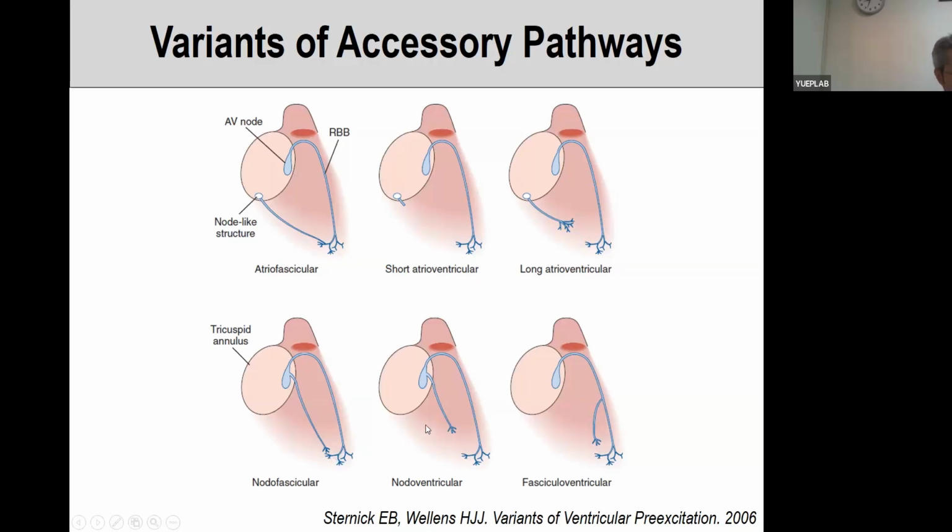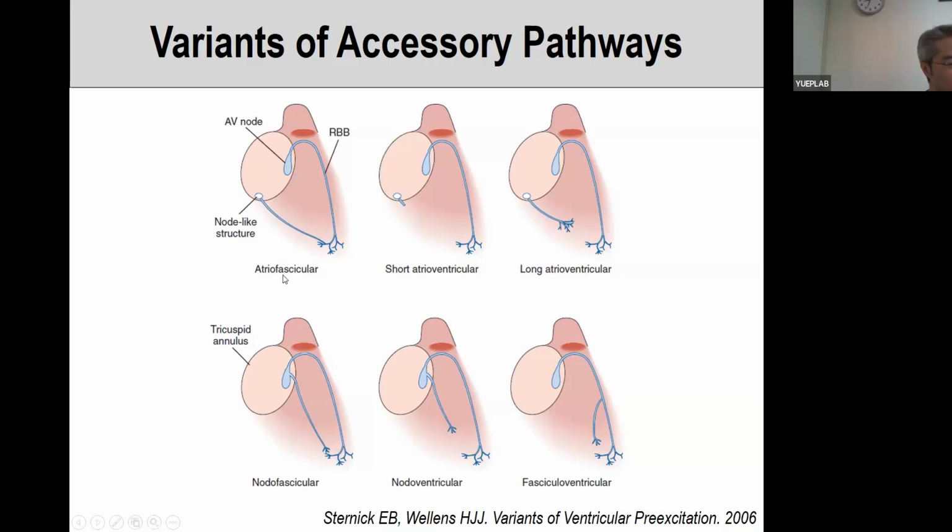Next, the nodoventricular pathway. The atrial insertion is the AV node. The distal insertion is the ventricular myocardium itself. Next, the fasciculoventricular pathway. The proximal insertion is the fascicle or right bundle. The distal insertion is the ventricular myocardium.